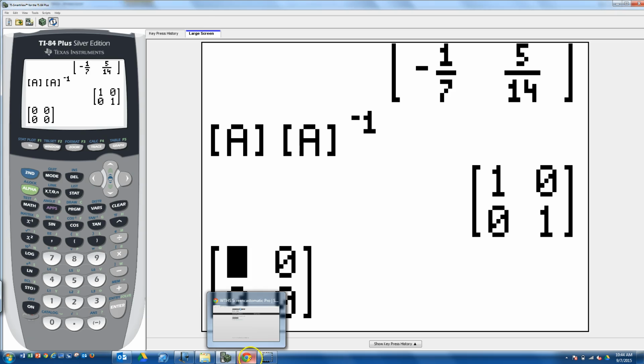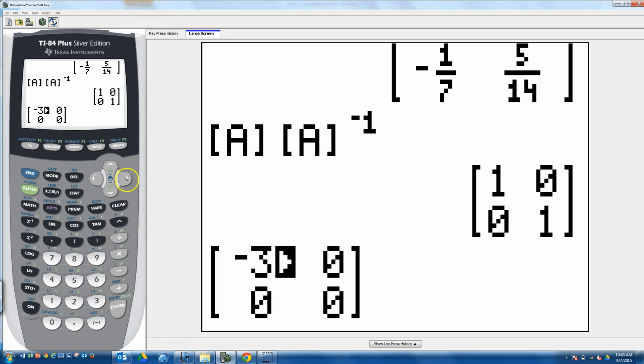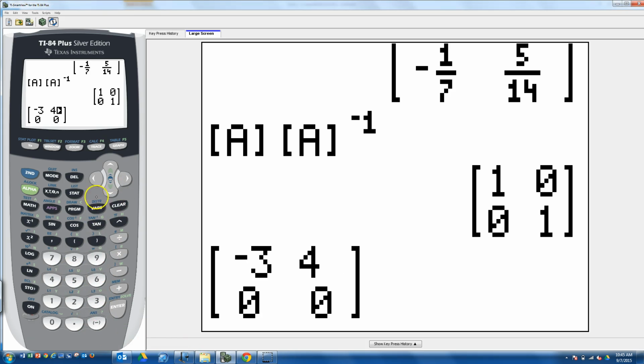That's alpha y equal, and then hit zoom, which is the F3 button. And then pick your rows and columns. Let's try it this way. Sorry about that. So we have -3, 4, 5, and -7.